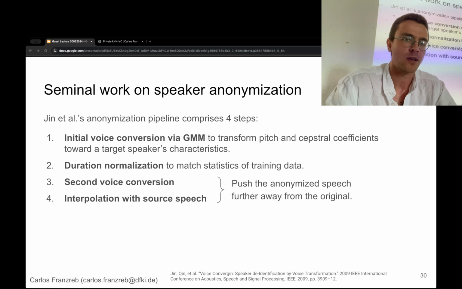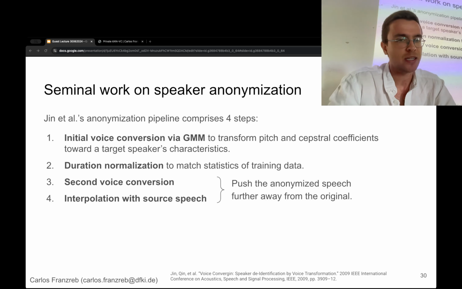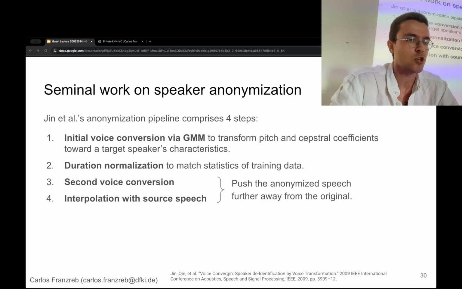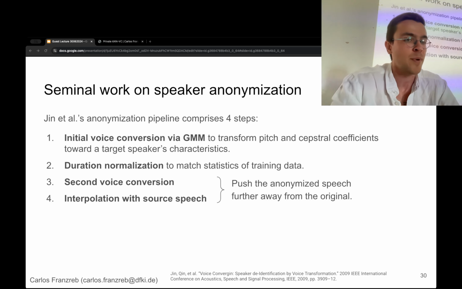Going back to the paper that I was mentioning, their anonymization approach consisted of 4 steps, which is actually a way of anonymizing that has been repeated, doing more steps to increase the anonymization. They use a voice converter in steps 1 and 3.